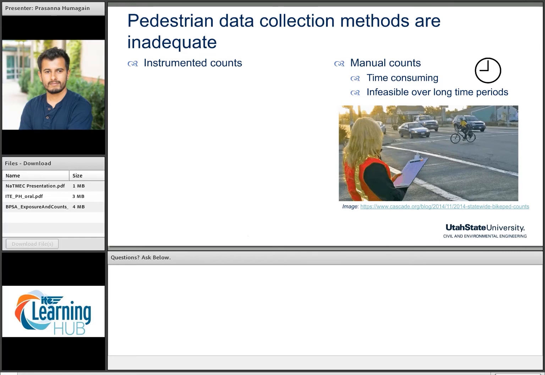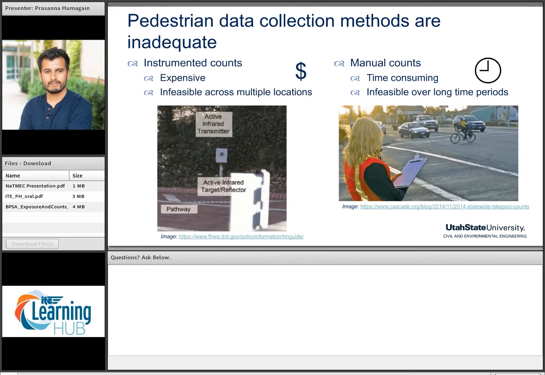The other approach includes use of technology-based counting methods like microwave, infrared, inductive loops, etc. However, they require higher upfront costs and are infeasible across multiple locations. Hence, the main idea behind this project was to explore an alternative way of collecting long-term pedestrian data across multiple locations, which is by using the pedestrian push-button data.